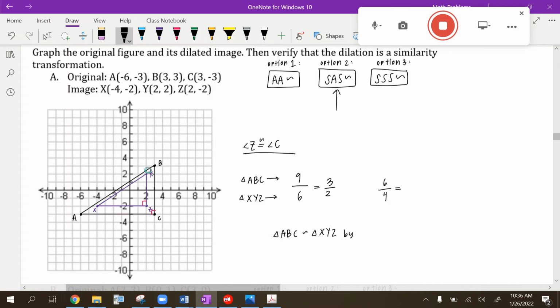BC has a length of 6. YZ has a length of 4. This is also a ratio of 3 over 2. Since I have two pairs of sides that are in the same proportion and the angle between those sides is congruent, I can say the triangles are similar by side angle side similarity.